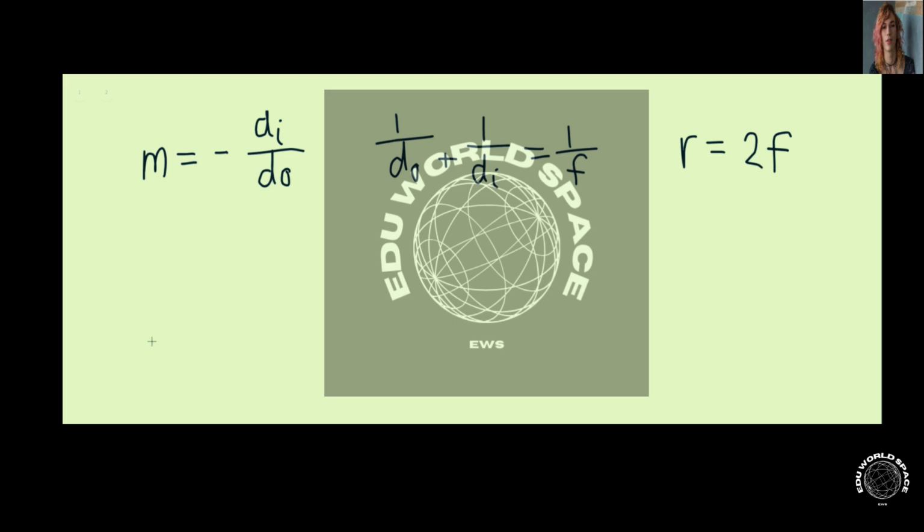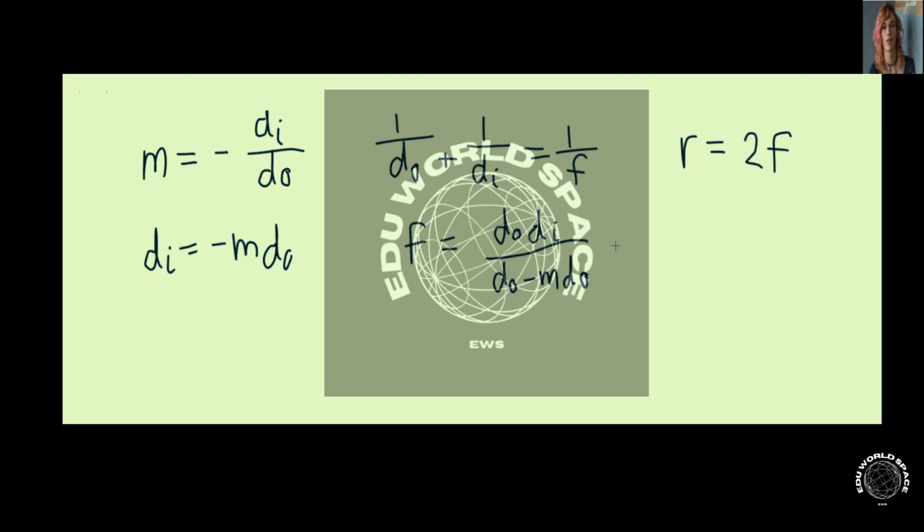So to start us off, we can reorganize the magnification equation to give us d_i equals negative m d_o. We can then reorganize the lens equation to give us f equals d_o d_i over d_o minus m d_o, just to be more clear where that came from in the algebra.